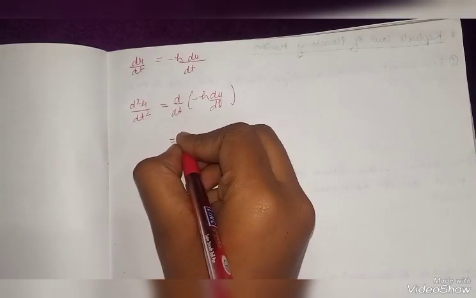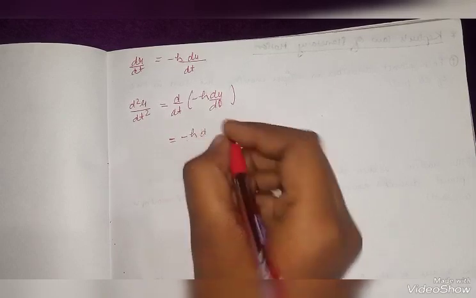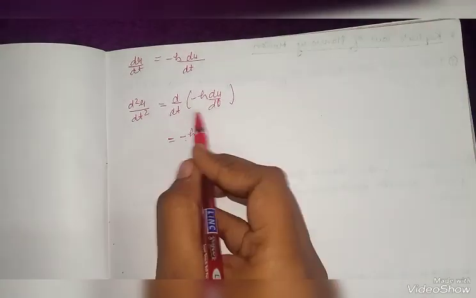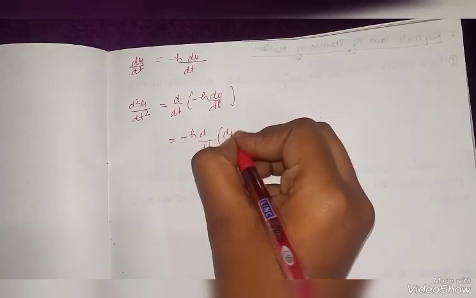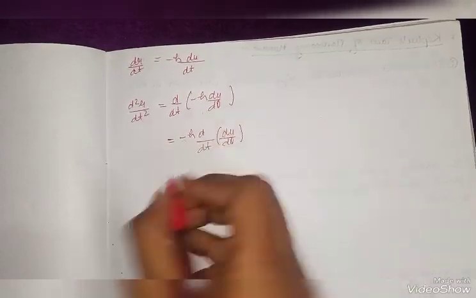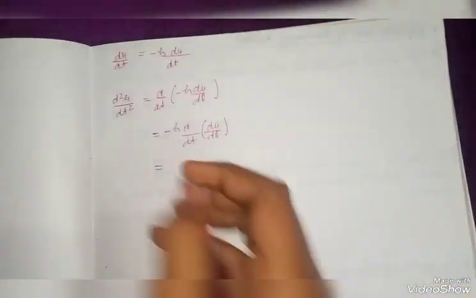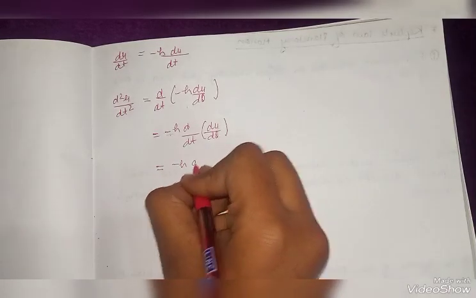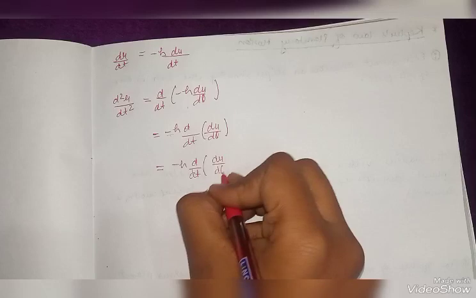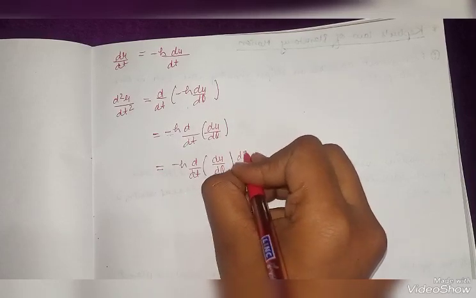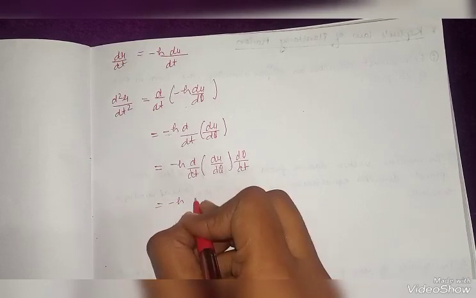I will solve it, taking out minus h outside: minus h d by dt of du by d theta. In this next step we'll multiply and divide by d theta again. So we'll get this equation: minus h d square u.